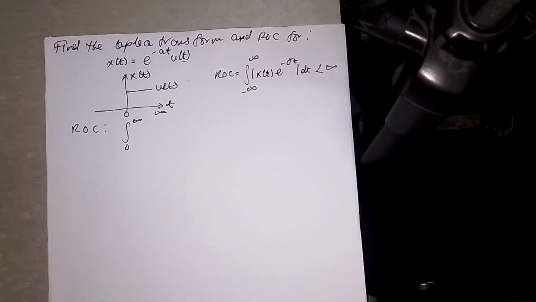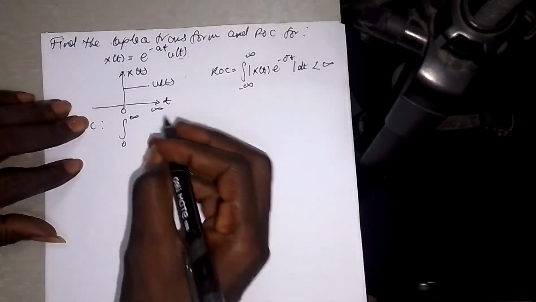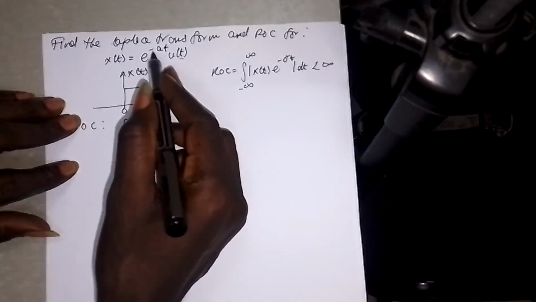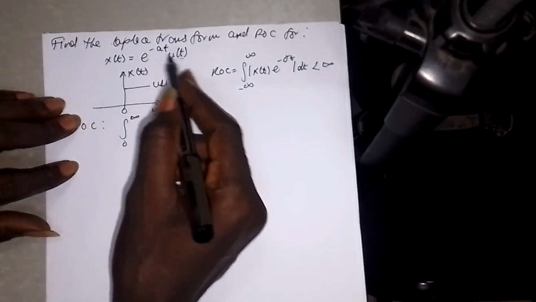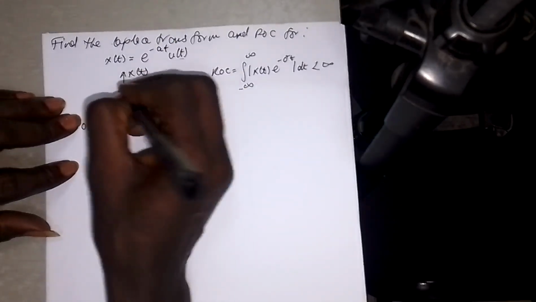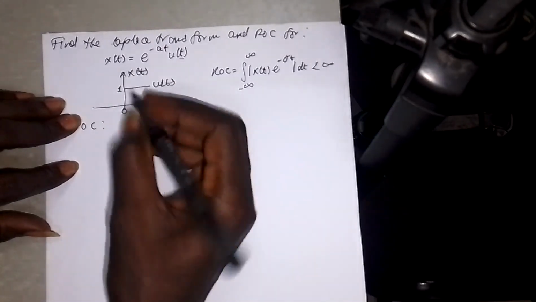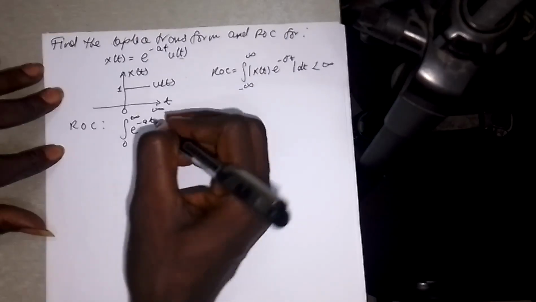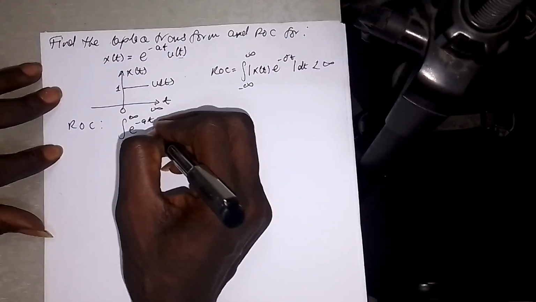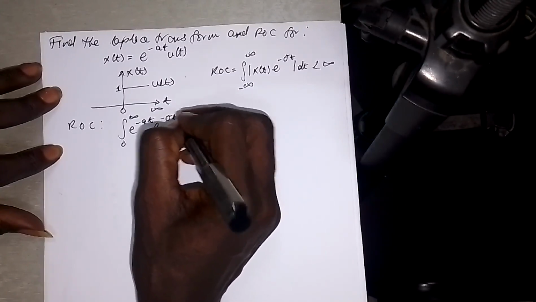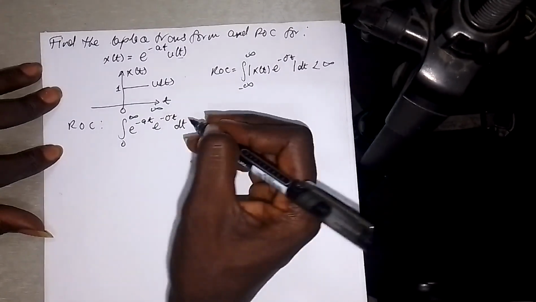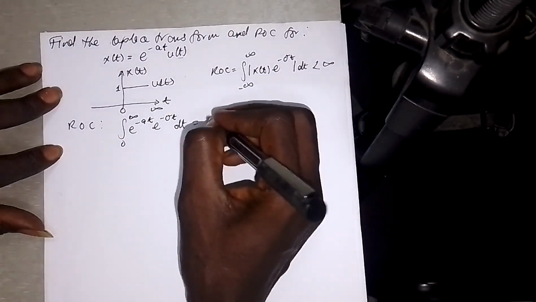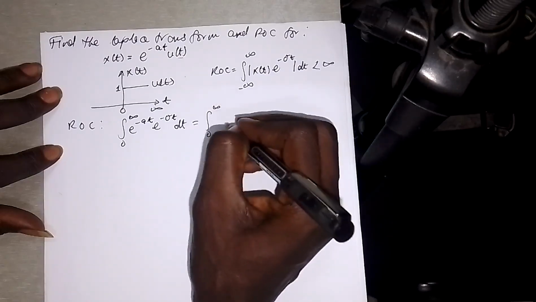Okay, so now implementing this formula here, I know that my x of t is e exponent minus at into u of t, but u of t is actually 1. So any number multiplied by 1 is that same number. So I'm going to have e exponent minus at into e exponent minus sigma t into dt. So this one will give me 0 to infinity.